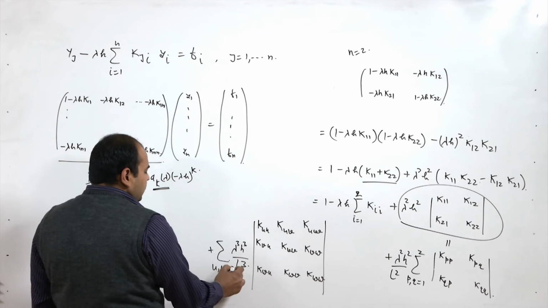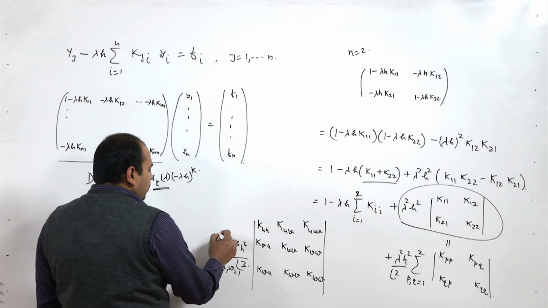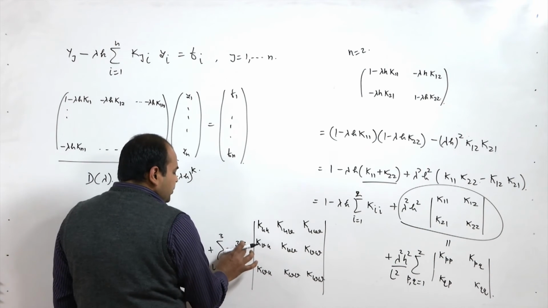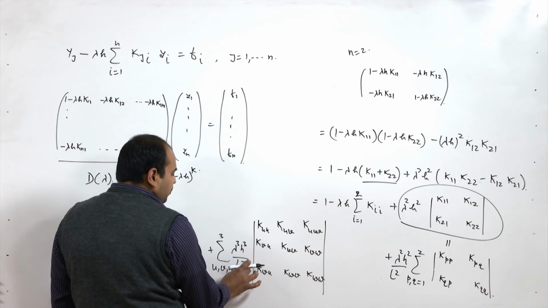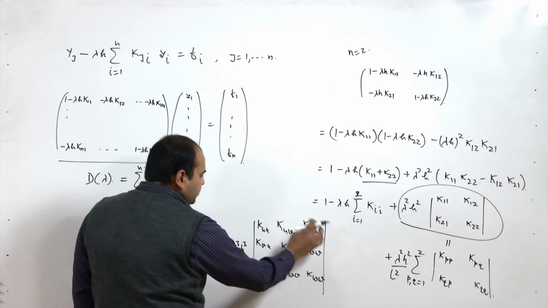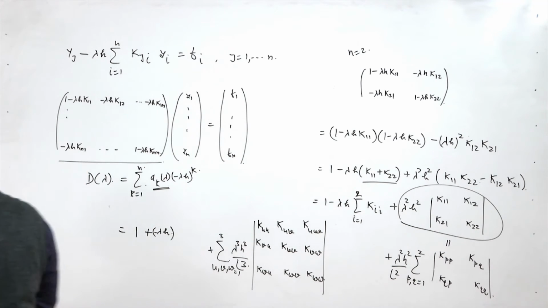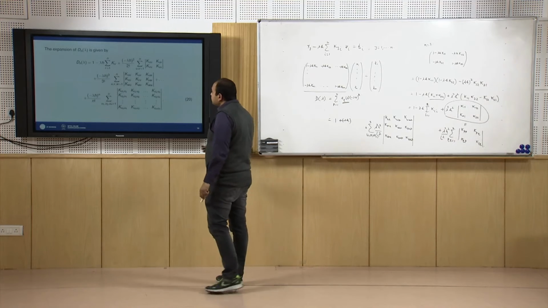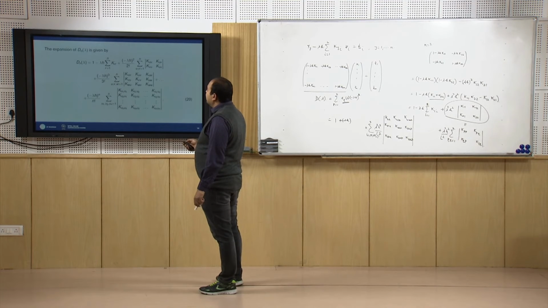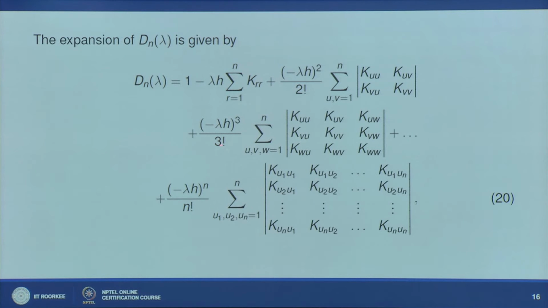So the coefficient of lambda cube h cube by factorial 3 can be given in terms of this. So I am writing this as minus lambda h to the power 3 divided by the number of permutations available, that is factorial 3, u, v, w from 1 to n, and it is a determinant like this.